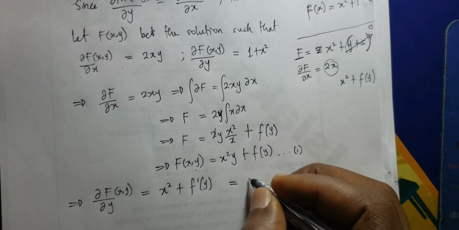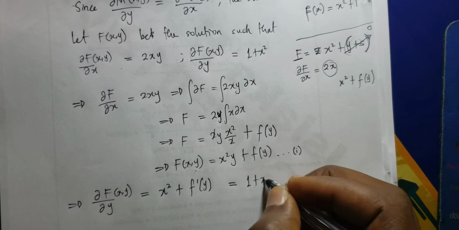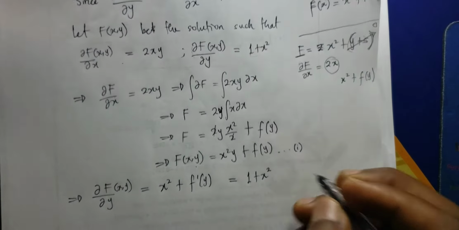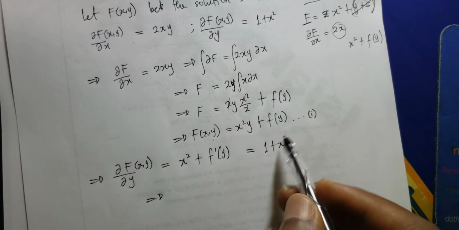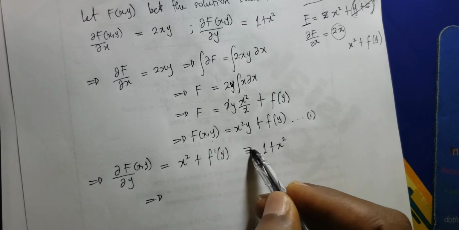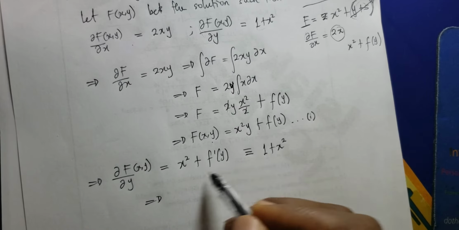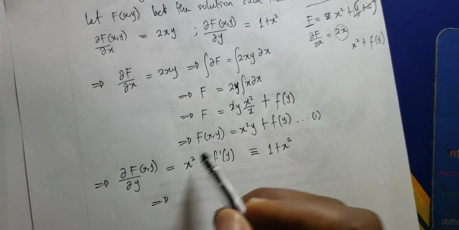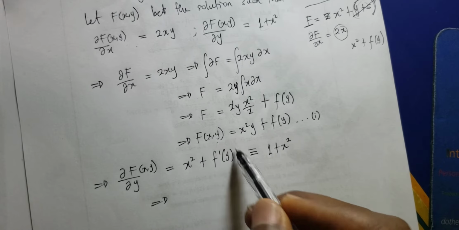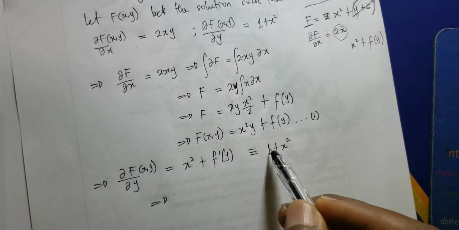So when I equate that, this is equal to 1 plus x squared. So that means from this result, of course, we cancel x squared. When I equate this and say this is equivalent to this, we can compare the like terms. The x squared will cancel x squared, so that means that our f prime of y will definitely be 1.